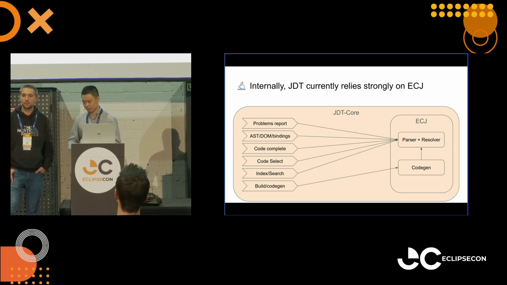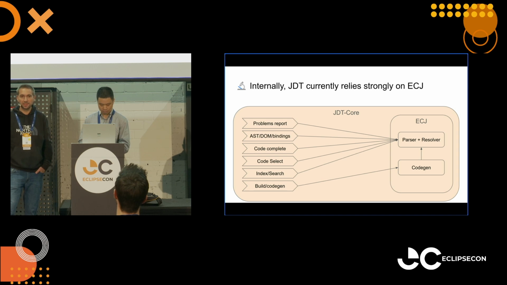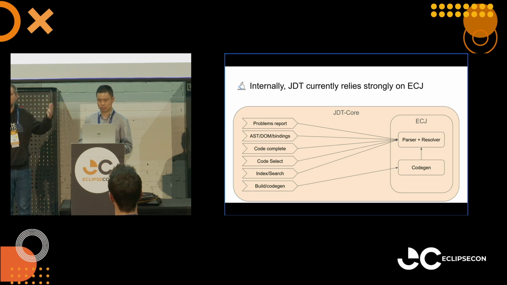Thank you, Jimbo. To provide those users what they need, we will probably need to change things in JDT. Before going into the details of our proposals, let's quickly showcase the current architecture of JDT. On the left of this diagram, you see the typical features users expect from an IDE for code analysis. There are problem reports, the binding for control click, code completion, and code select.